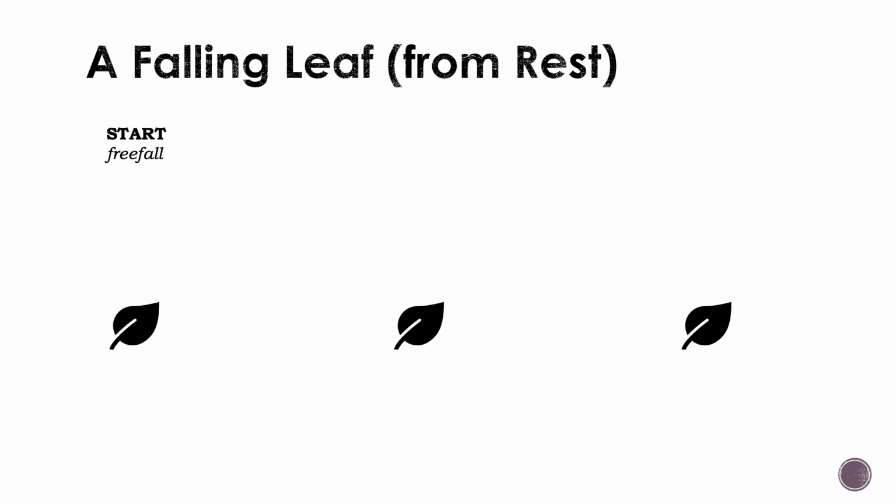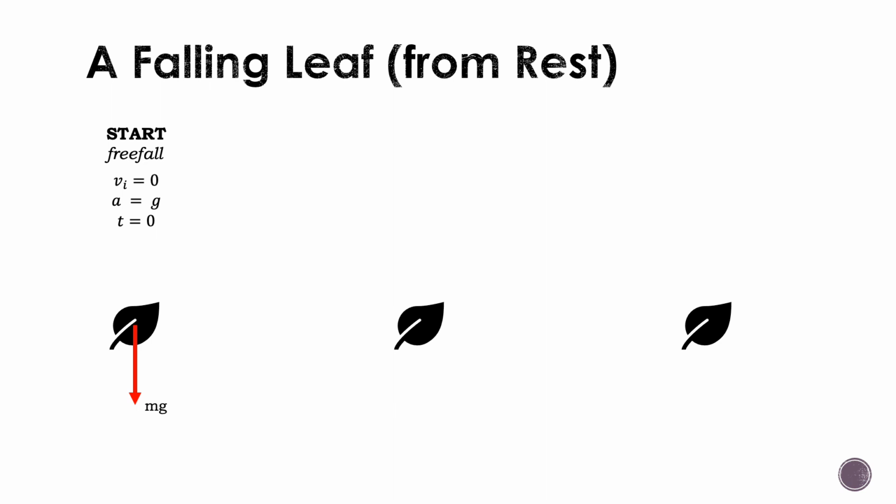Well, the moment it leaves the tree, it's in free fall because the only force acting upon the leaf is gravity and its weight. So it's at rest, but now the earth is pulling on it, and so its acceleration is gravity. And this is at the exact moment it leaves, pun intended.